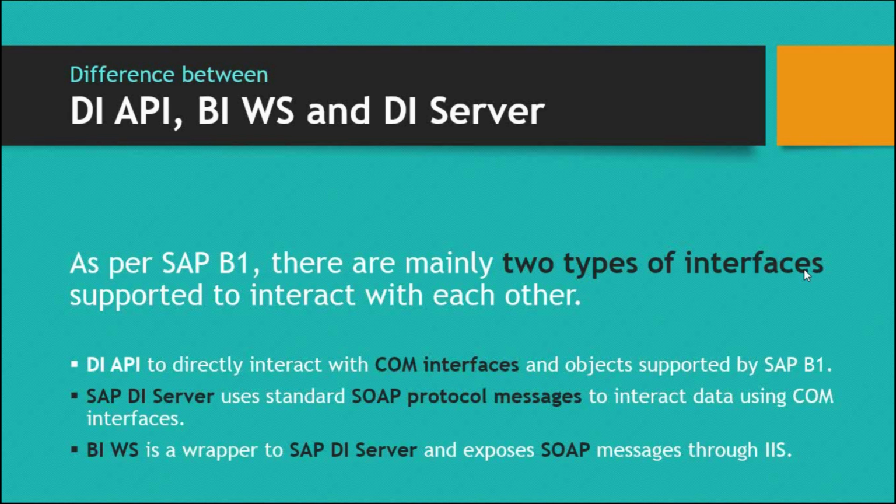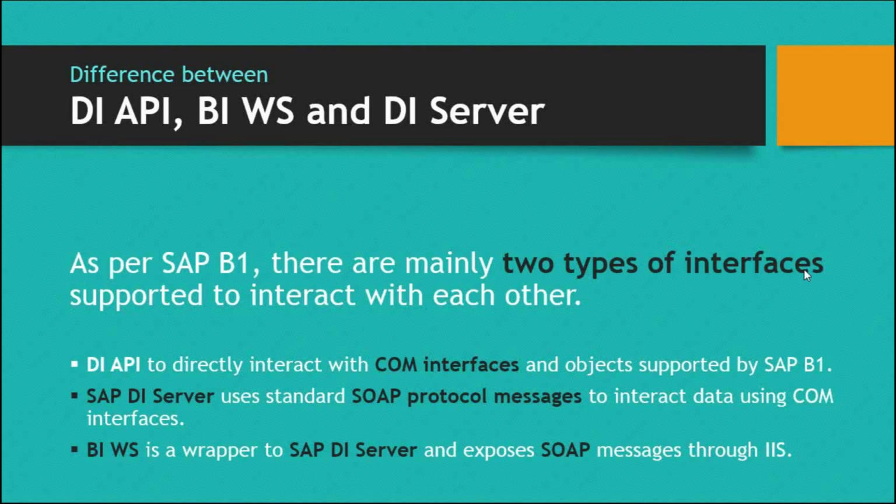It uses COM interfaces and you can directly communicate with any of the SAP business objects that exist in SAP systems. And the data that you transfer from your integration platform to the SAP system is through the COM interfaces.